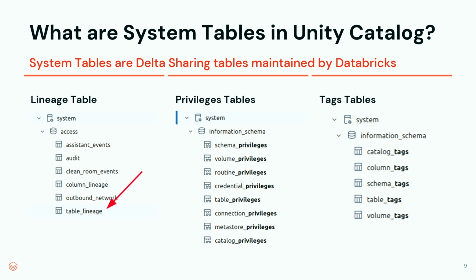The lineage table is to track the downstream, the privilege tables to identify who can access which kind of sensitive data, and their privileges and everything related, and also the tag tables to label the classification of PII and so on.